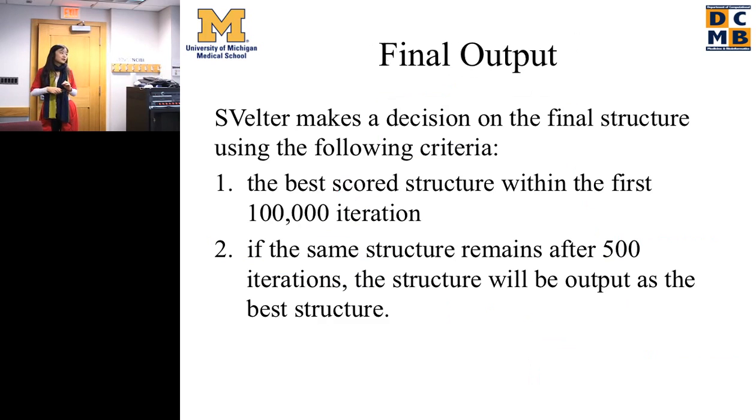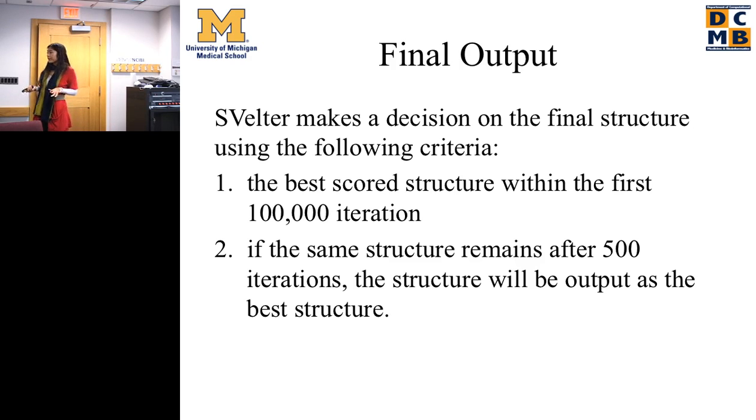But there's a situation: if there is one structure that is scored as the best continuously for over 500 iterations, we could consider it as falling in the global minimum, and we just stop the iterations and output this structure as the final one. For example, because our algorithm does not only aim to solve the complex structural variance, we would also like to solve the very simple structural variance, like a simple deletion or inversion in this whole workflow.